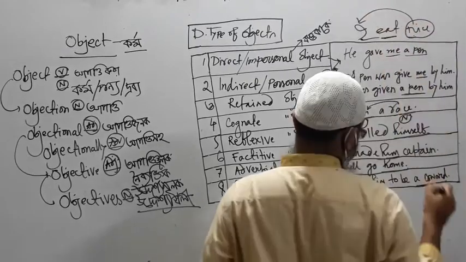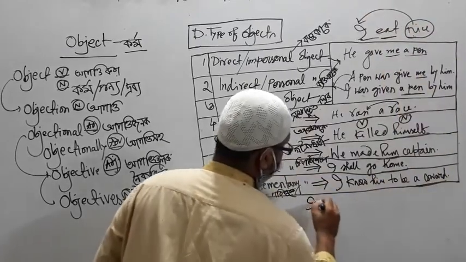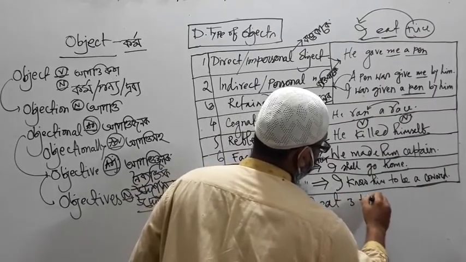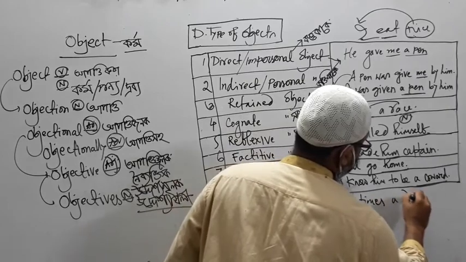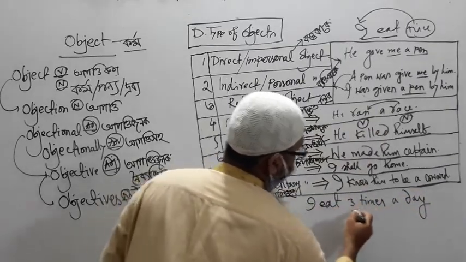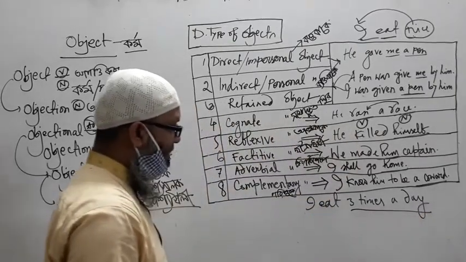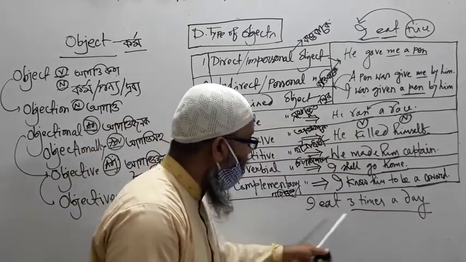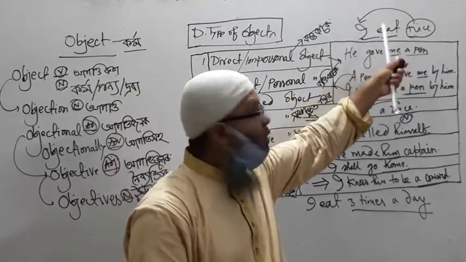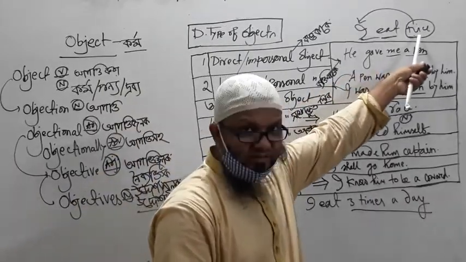But if I tell you, I eat 3 times a day. See that? I eat 3 times. Tin bela khai. But what I eat is not mentioned here. Okay? But here, I eat rice. What I eat is mentioned here. That is rice. Okay?